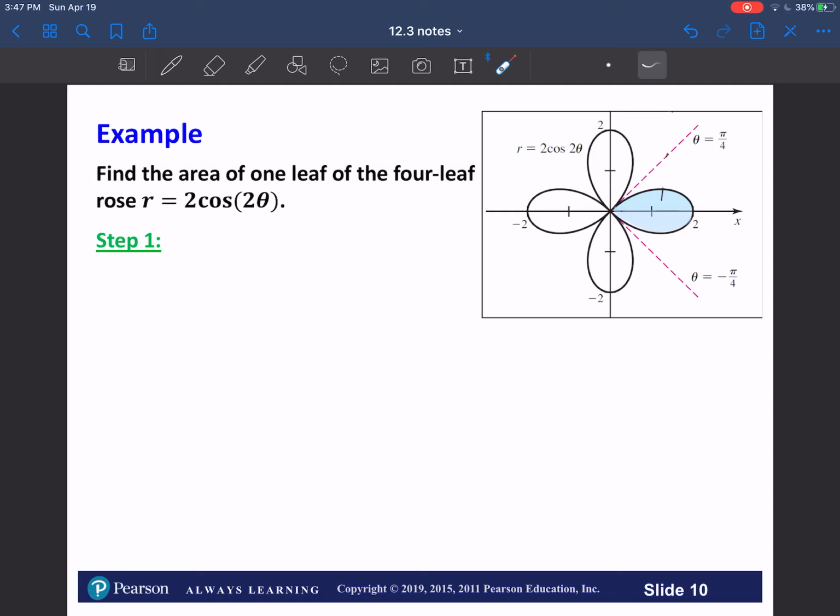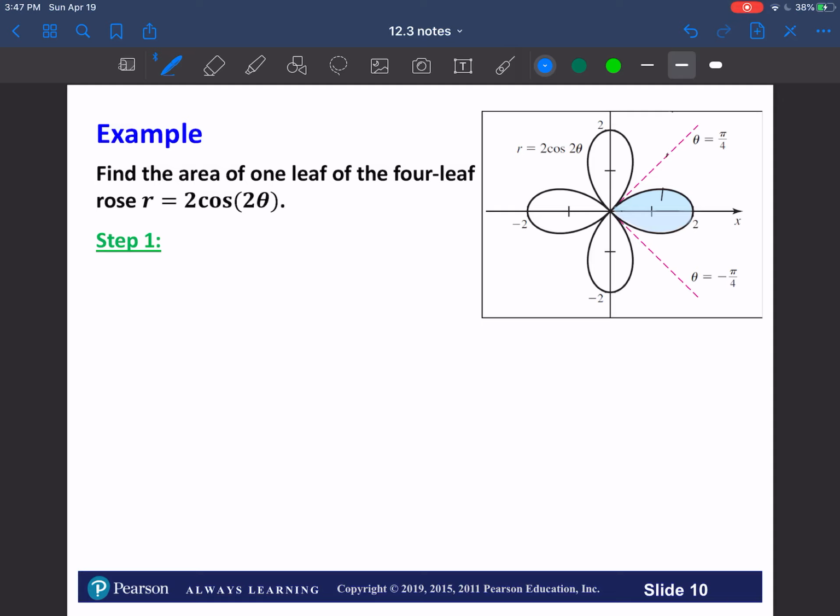So the first thing that we have to do is figure out the bounds for theta that will give us this piece of the function. The picture might give it away already, but we're going to figure out a more concrete way to do this if we weren't given a picture.